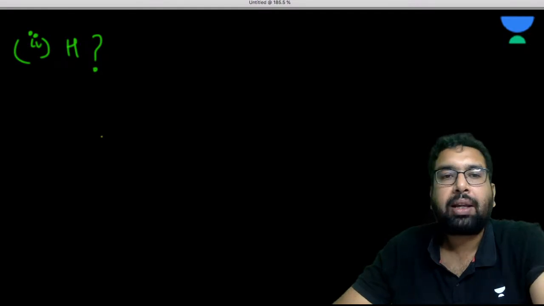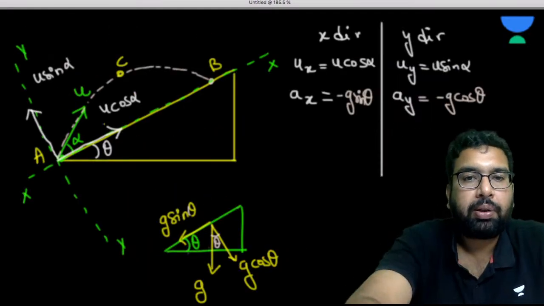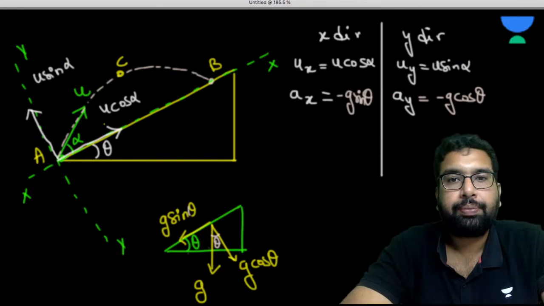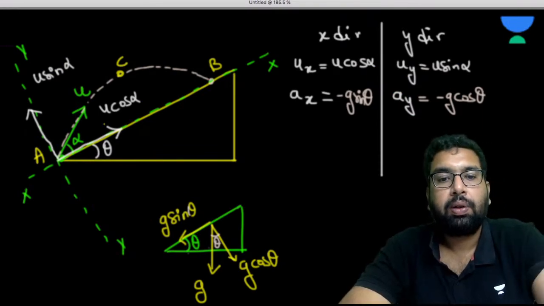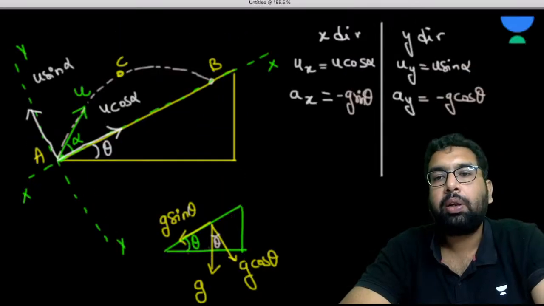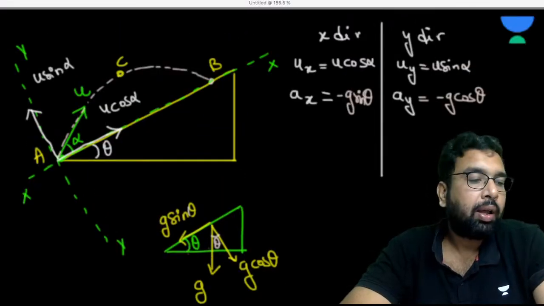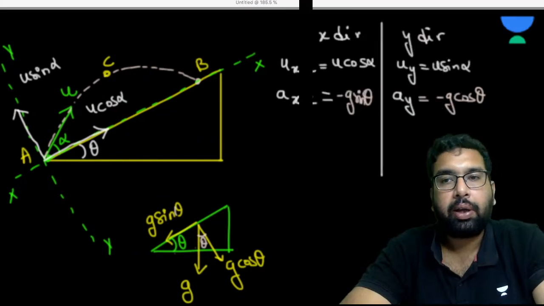So what is the maximum height? Okay, let me copy this image to this. See, there is absolutely no need of remembering the formula.